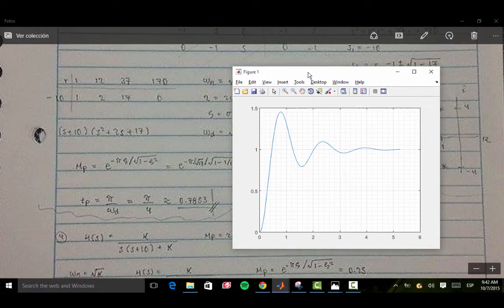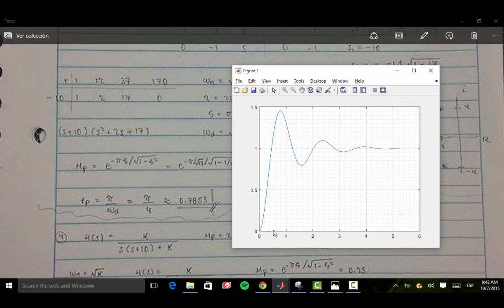In the plot, you can see that right here the peak time is approximately 0.78, so you can assume that this plot is just right.